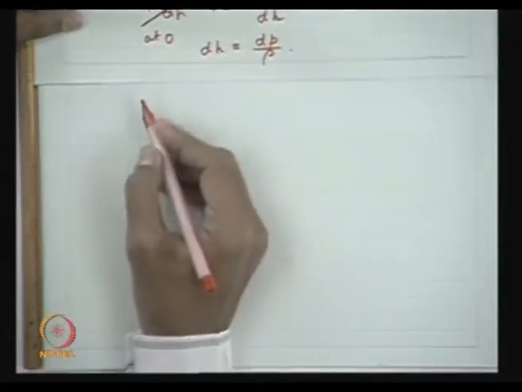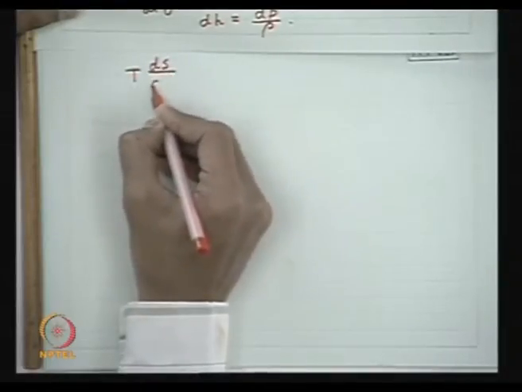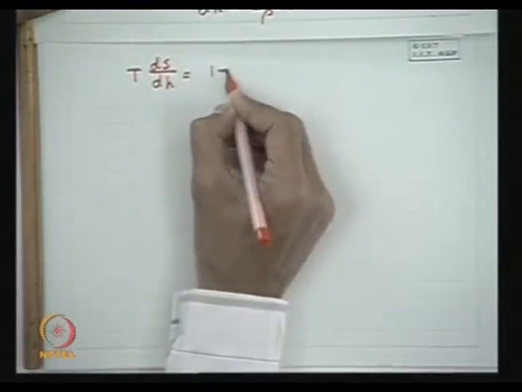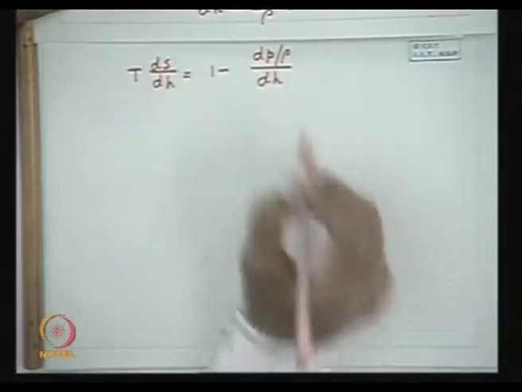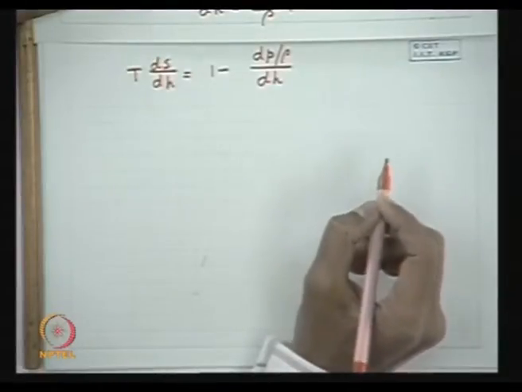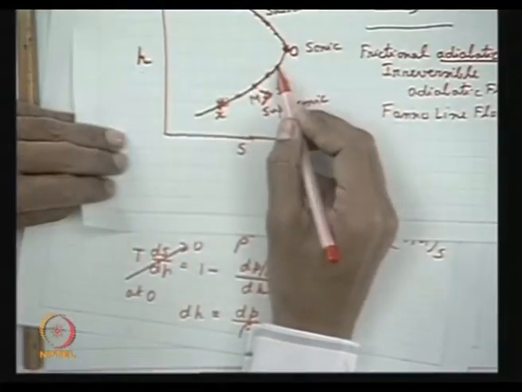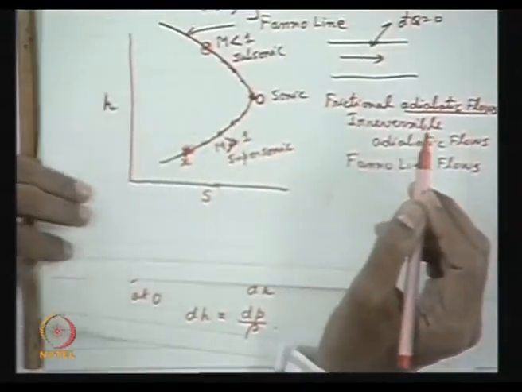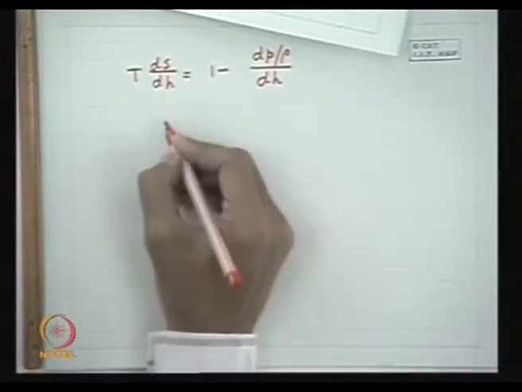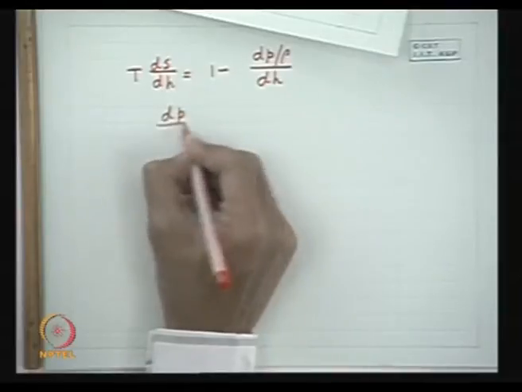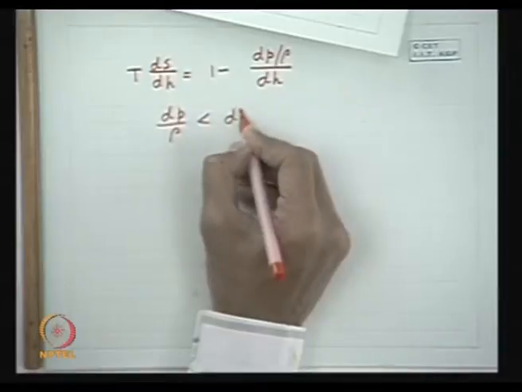Let us see this. We have T ds by dH is 1 minus (dP by rho) by dH. We can show that in this part ds by dH is positive, which means this will be less than 1, that means dP by rho will be less than dH.